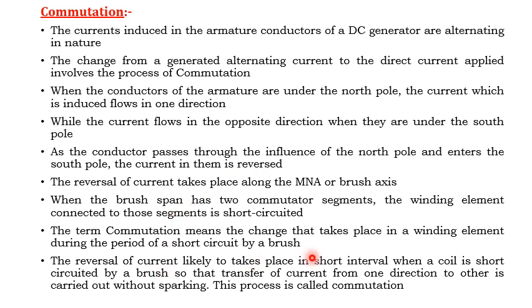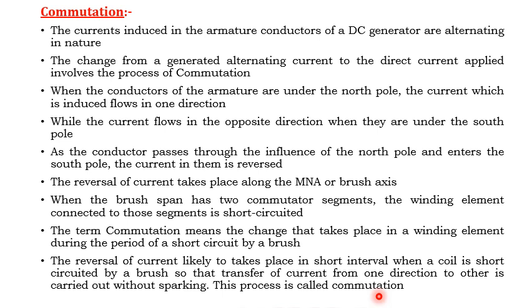Or you can define it another way: the reversal of current takes place in a short interval when a coil is short circuited by a brush, so that the transfer of current from one direction to the other is carried out without sparking. This process is called commutation.